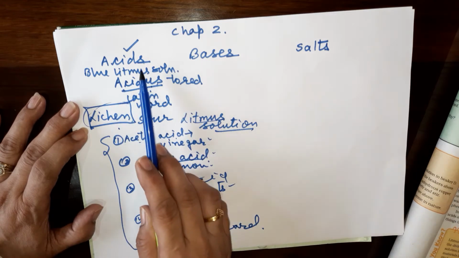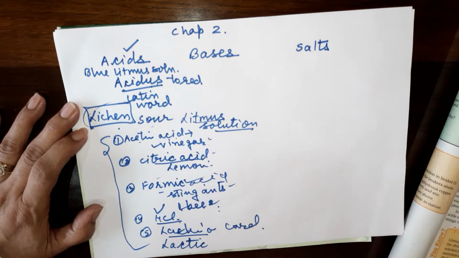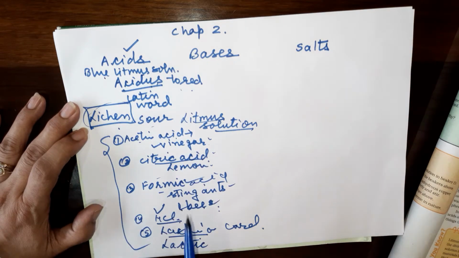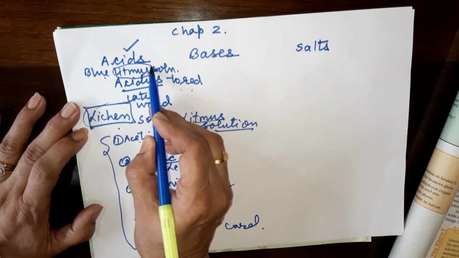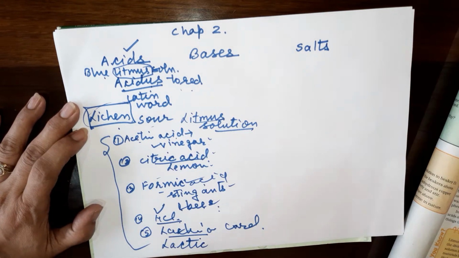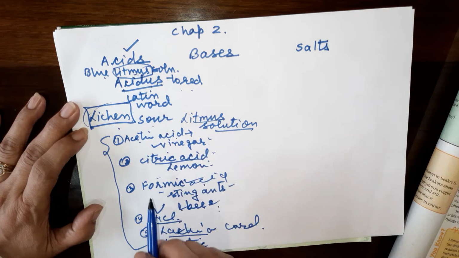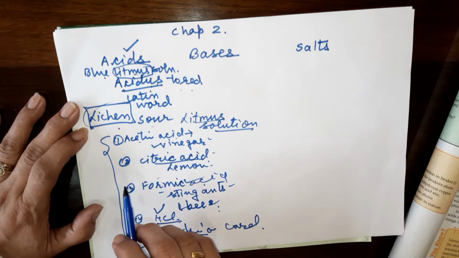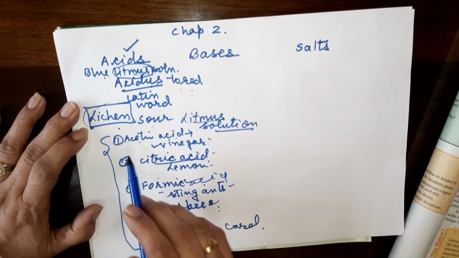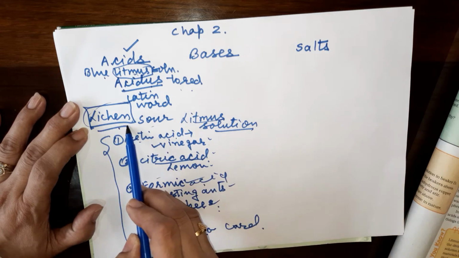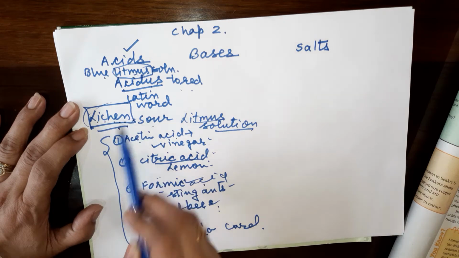You know that acids convert blue litmus paper into red, and vice versa, bases do. Here I want to tell you something about litmus. Litmus solution is obtained from a plant organism called lichen.